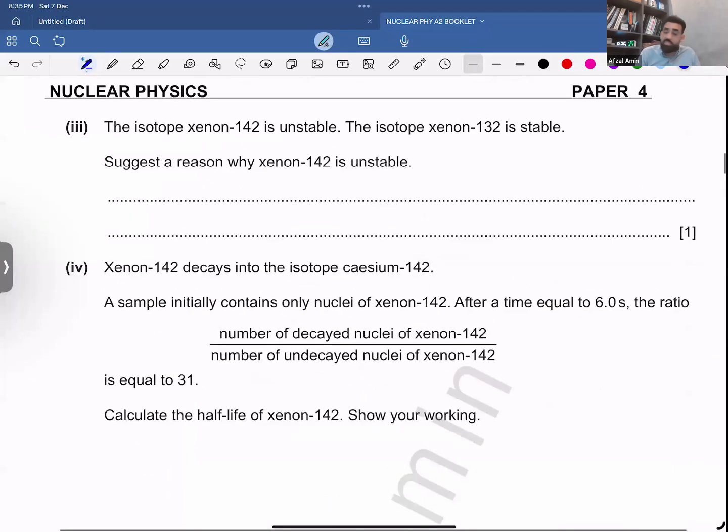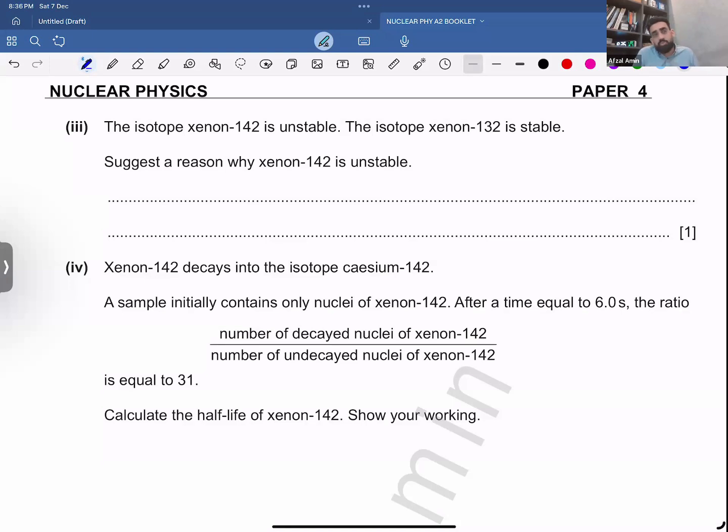The isotope xenon 142 is unstable. Yes? The reason you already know. The reason for instability, when we studied isotopes, I said number of neutrons. Some people say nucleon number, but it's actually the ratio: the neutron to proton ratio.